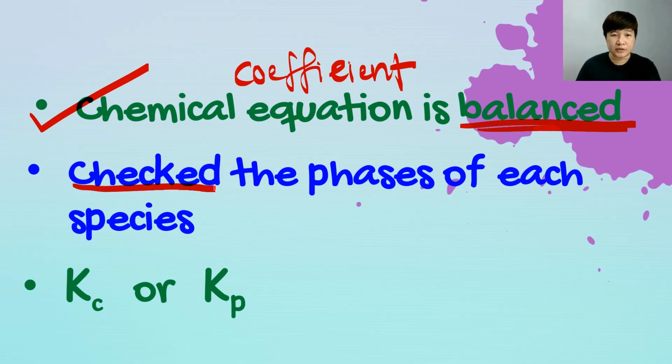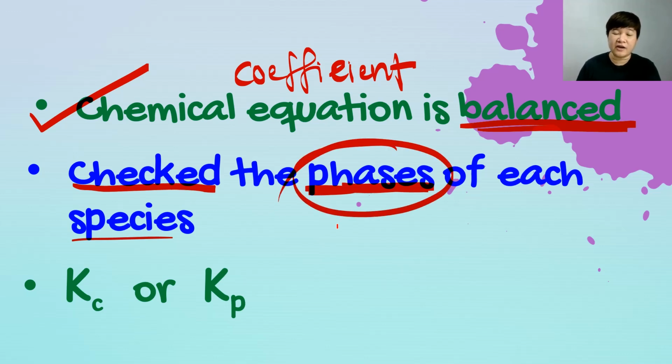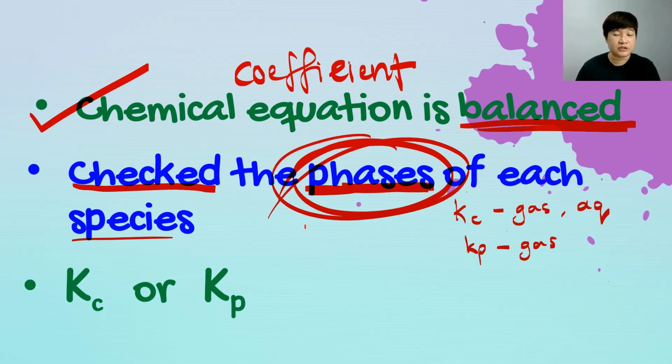Next, you must ensure your chemical equation has the phases of each species because we need to identify whether to use each species in the Kc or Kp. For the Kc, we only count the gas and also the aqueous. For the Kp, we only count the gas. So it's very important to know the phases of every species in your chemical equation.